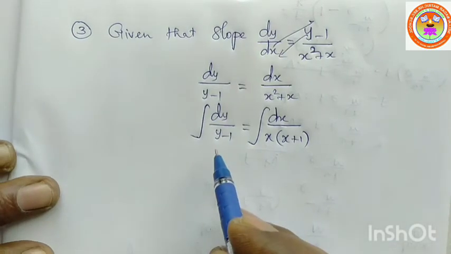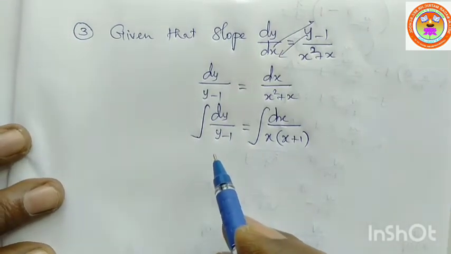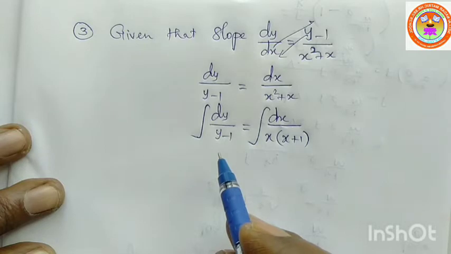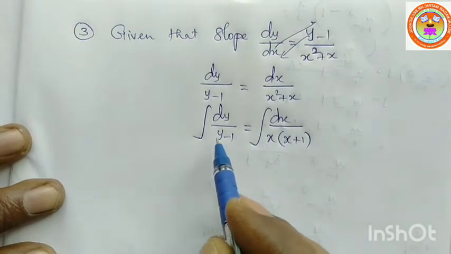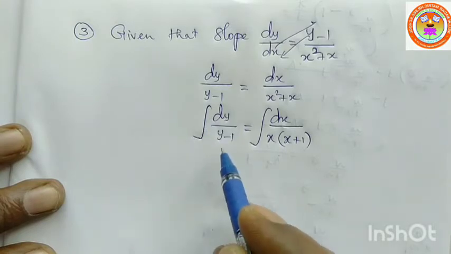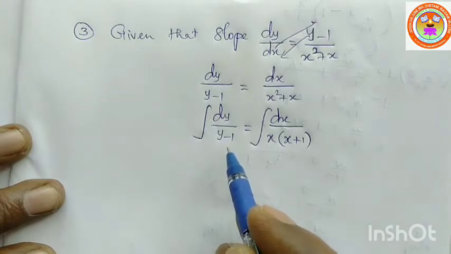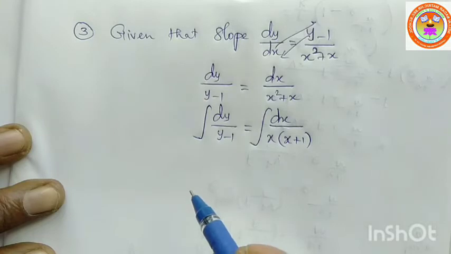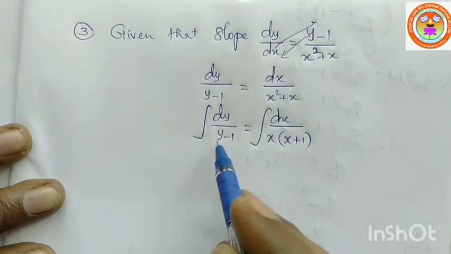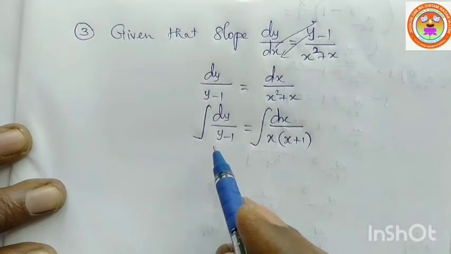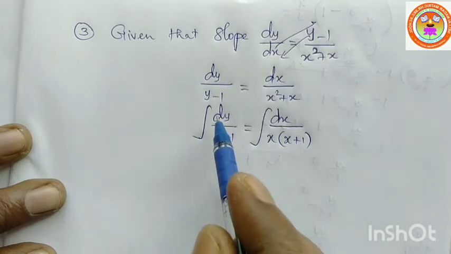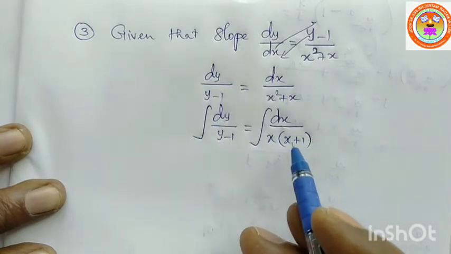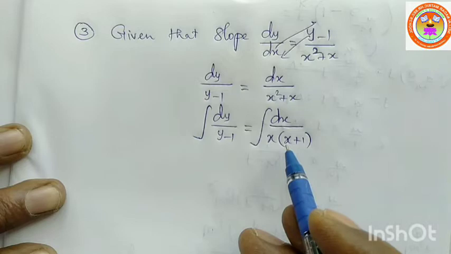See the left hand side. Differentiation of denominator is differentiation of y is 1 into dy minus differentiation of the constant 1 is 0. So, we have the differentiation of denominator in the numerator, but in the right hand side it is different.